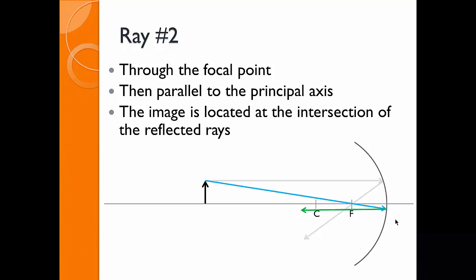Where the reflected lines, the green lines, intersect is where the image is going to be. So in this example, my image is clearly smaller, it's inverted, and because it's on the same side of the mirror as an observer, the observer would be on the left side, this is a real image.